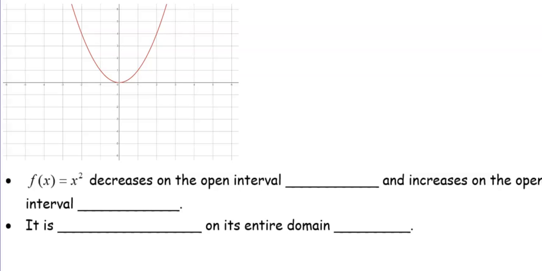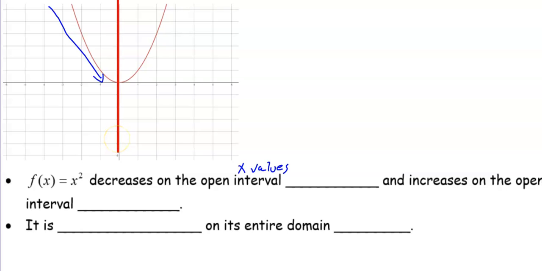So now let's look at my increasing and decreasing part. f of x equals x squared. My square function decreases. Decreases means as I read it from left to right, we go down. And we want the interval. The interval is my x values. As I'm reading my x values, my graph is going down, it's going down, it's going down.